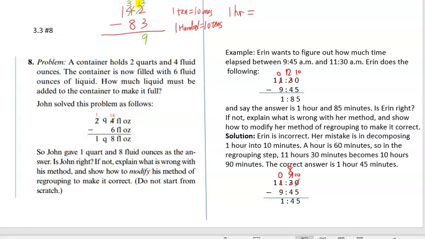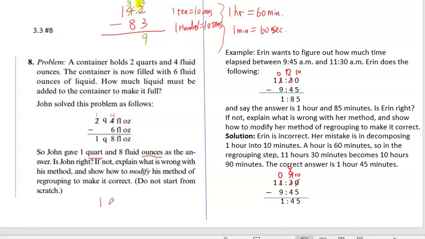But for time, 1 hour is not 10 minutes, it's actually 60 minutes. And similarly, 1 minute is not 10 seconds, it's 60 seconds. So the place value is actually 60, not 10. And similarly, your homework question is talking about a quart and an ounce.